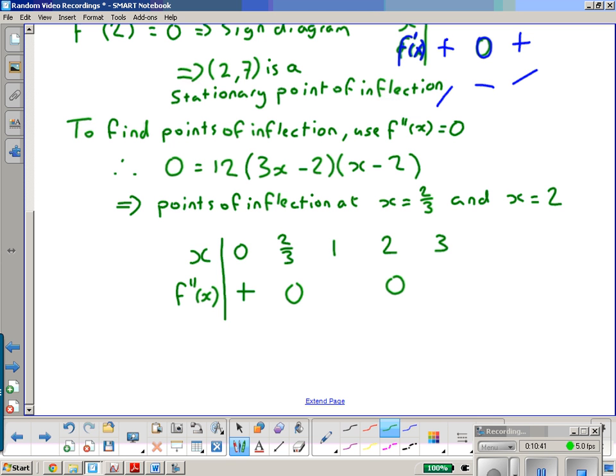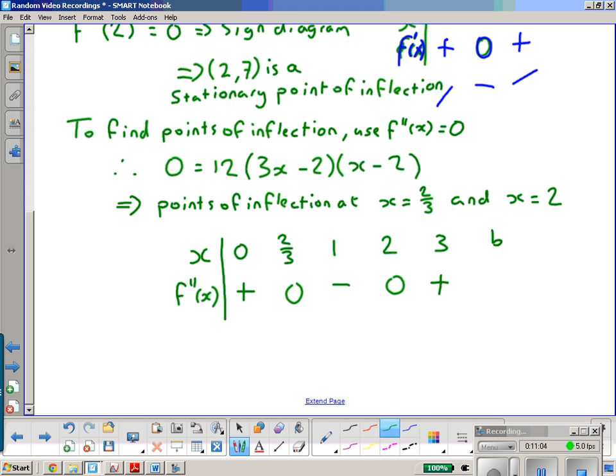Put the 1 in, and we get 12 times 1 times minus 1, so we get a negative. And when we put 3 in, we get 12 times a positive times a positive, so we get a positive. We can see at both of these we have a change of sign.